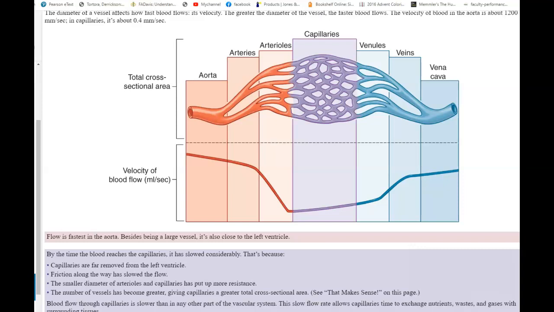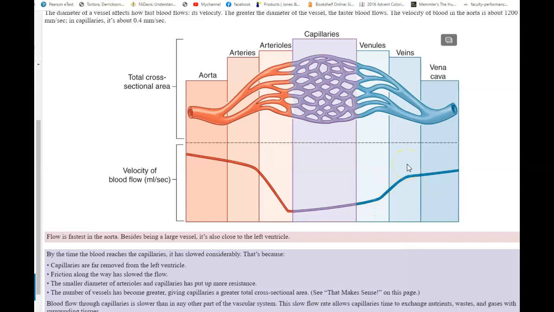Now, since we talked about viscosity or velocity, which is your speed relating to your blood pressure, this makes more sense. Your aorta, although it's very wide, there's only one of them, so the blood comes out quite fast. As you increase the number of capillaries, although they're smaller, you have more of them, so that will slow down the speed of your blood, which is kind of handy because now you've got things going a little slower for a better exchange.